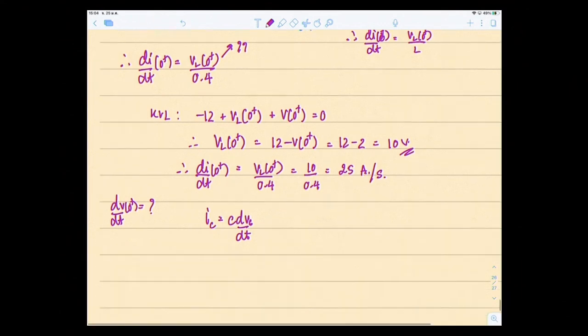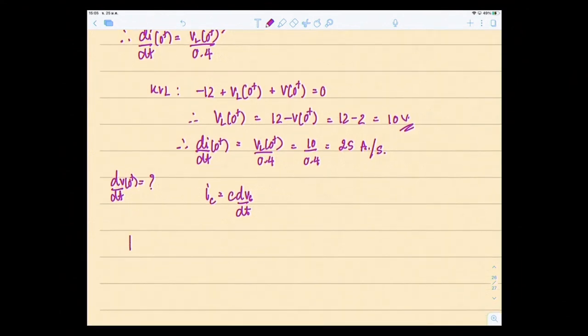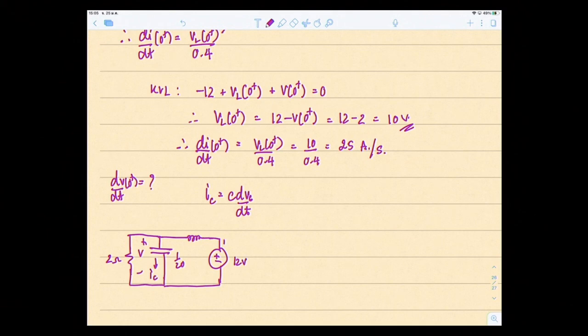So in this configuration, I'm going to redraw this because I don't want to scroll it up again. So 2 ohms, 1 over 20. This is IC, this is V, plus minus VL.